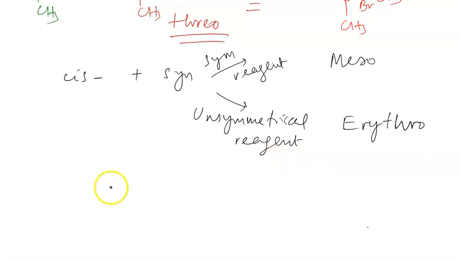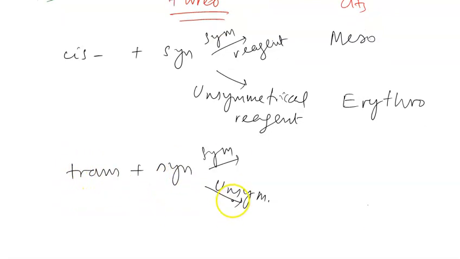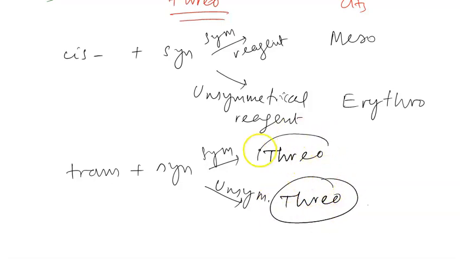But if it is a trans alkene and addition is syn, in both the cases we are going to get the threo isomer. How are we getting threo in both the cases? You may check, this is for your work, or otherwise you comment to me, I will give the explanation.